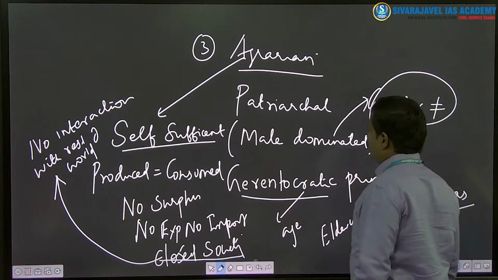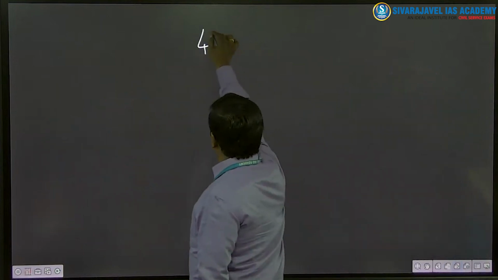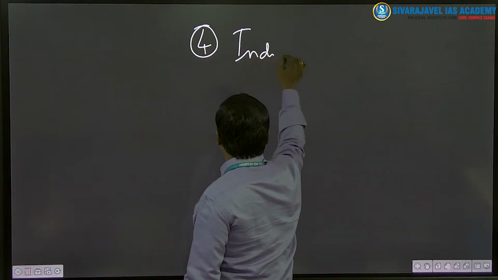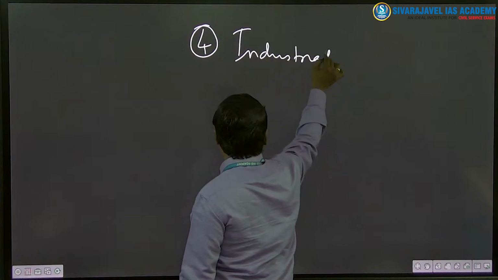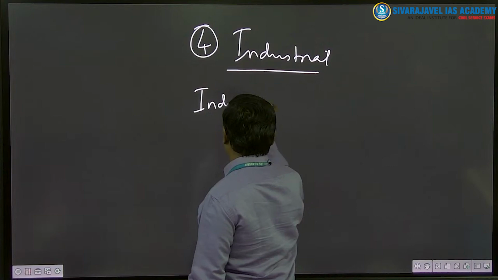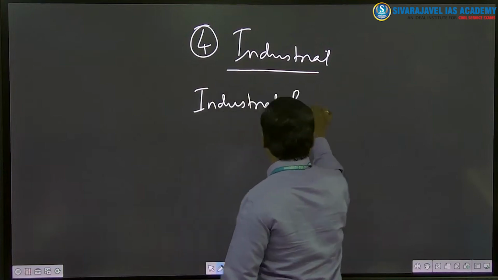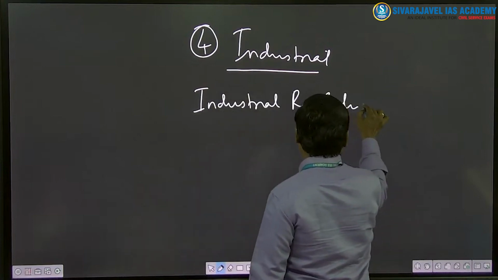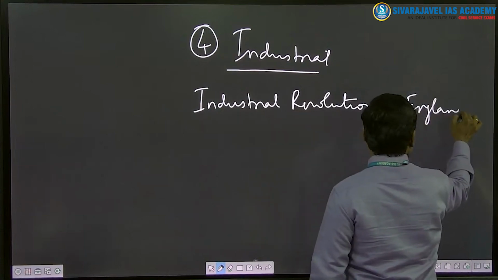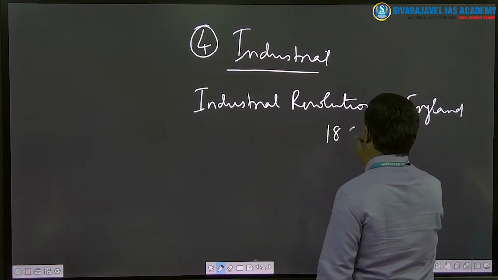Now come to the fourth society, called industrial society. You know that the industrial revolution took place in England during the 18th century.